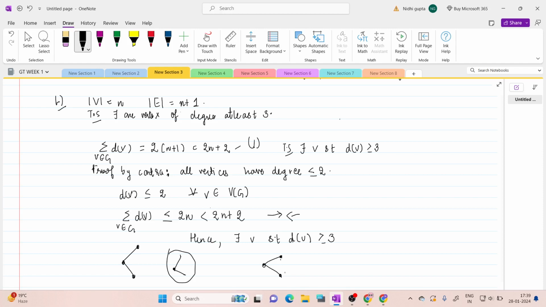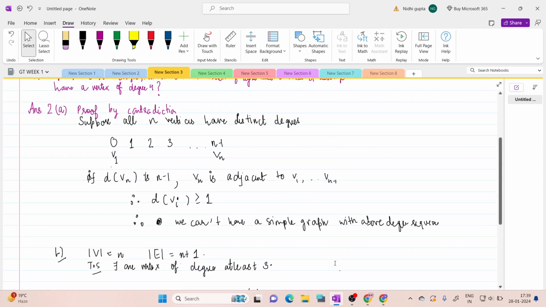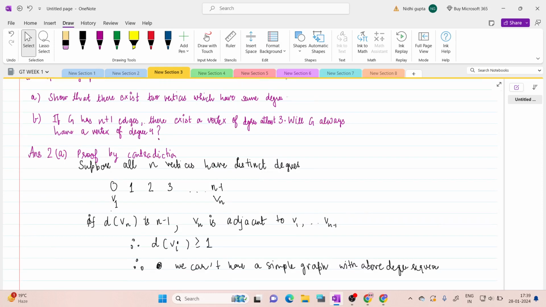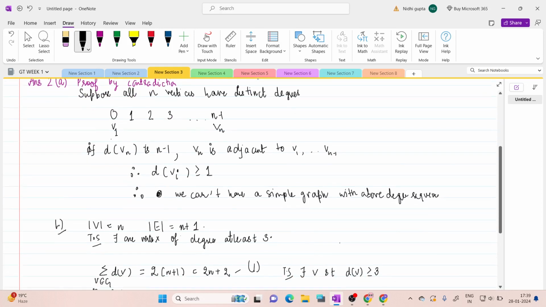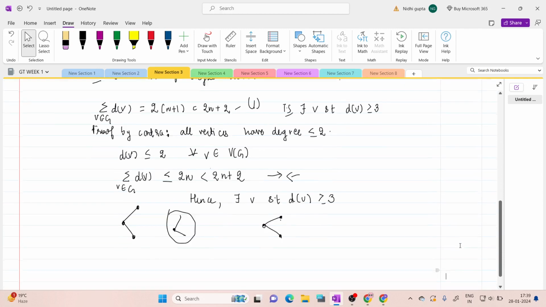Okay, so now there is this question. Whenever we have some statement like this, we want to know if the number that is appearing is best possible. We are saying that if G has n vertices and n plus 1 edges, there will always exist a vertex of degree at least 3.